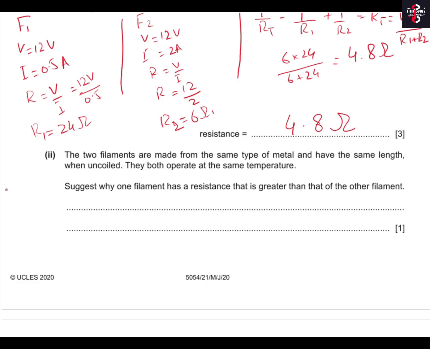First of all, we know that resistance equals rho L by A. We are given that they have the same length when uncoiled, and resistivity is always constant. The only factor left is area. So it is possible that the cross sectional area of both filaments is not the same.